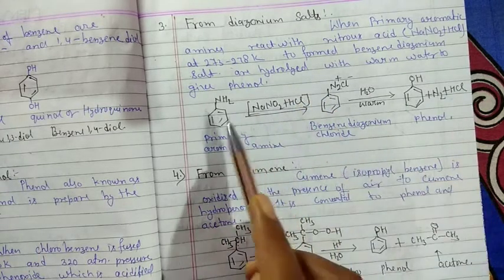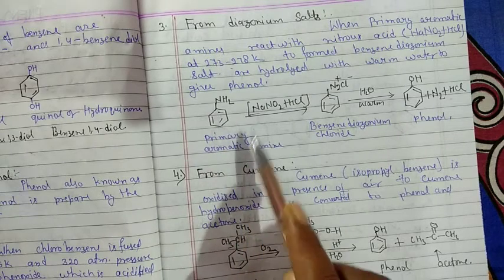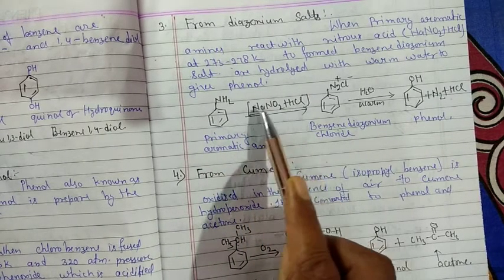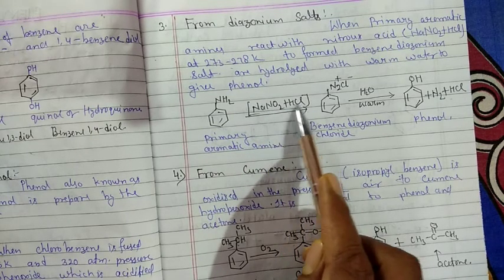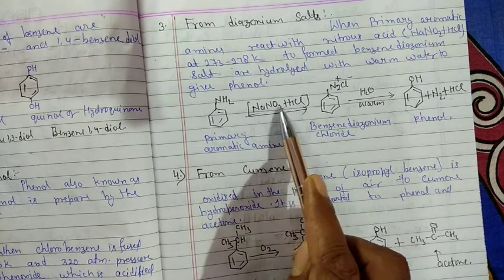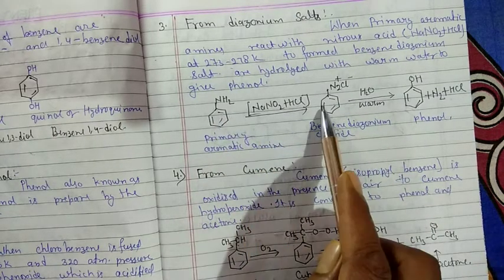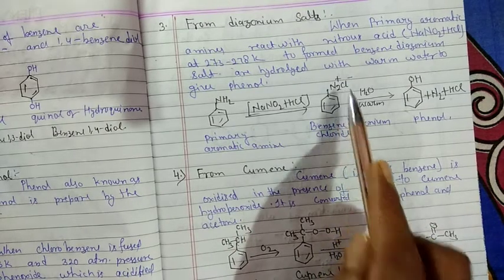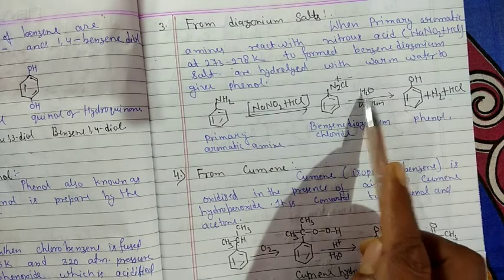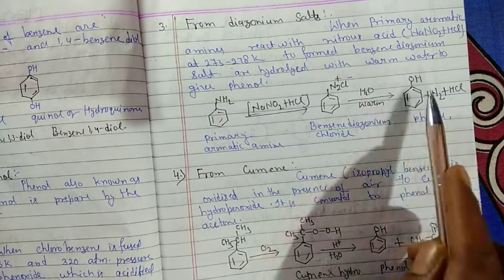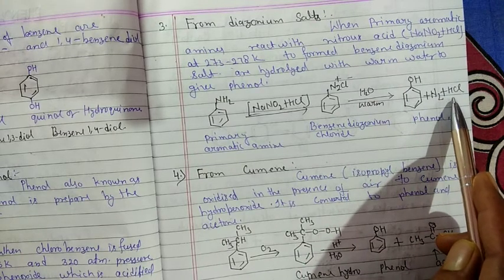Okay, C6H5NH2, this is the primary aromatic amine, reacting with nitrous acid. HNO2 is known as nitrous acid. So this is the mixture of sodium nitrite plus hydrochloric acid to form C6H5N2 plus Cl minus, benzene diazonium chloride, which is hydrolyzed with warm water to form phenol plus nitrogen gas plus hydrochloric acid.